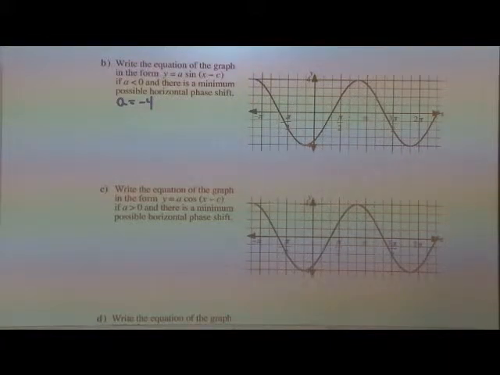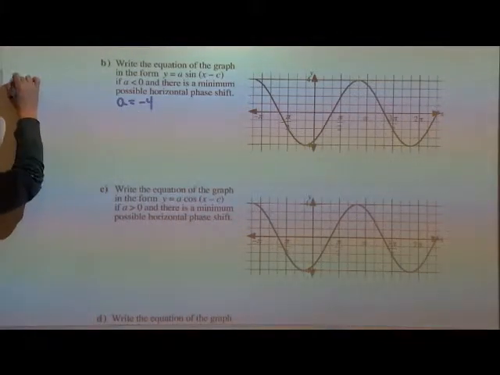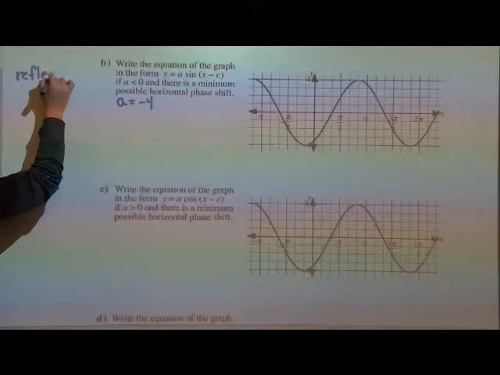What does a negative A value do to the graph? Think back to my replacements. It's a reflection. It's a reflection in which axis? The y or the x-axis.